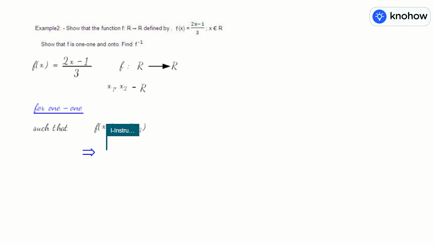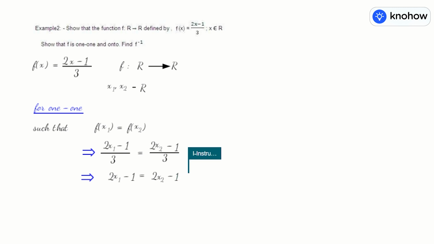That is, (2x1 minus 1) by 3 equal to (2x2 minus 1) by 3. Multiplying both sides by 3, you get 2x1 minus 1 equal to 2x2 minus 1. Cancel minus 1 from both sides. 2x1 equal to 2x2, and obviously x1 equal to x2.